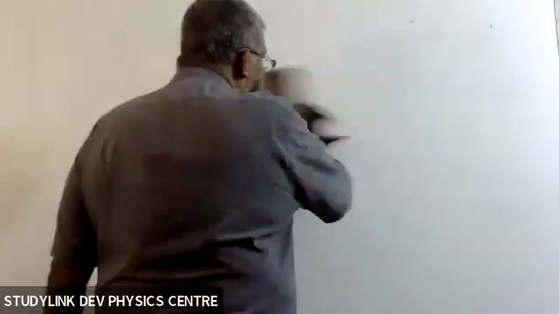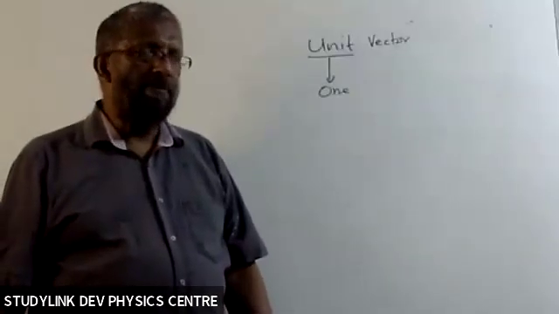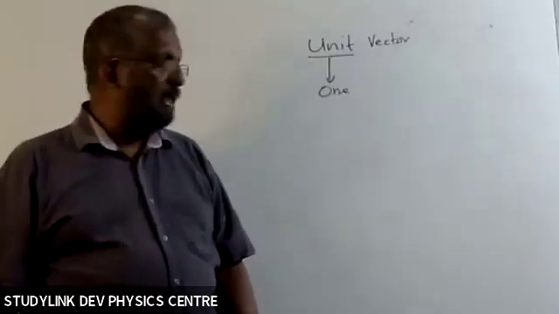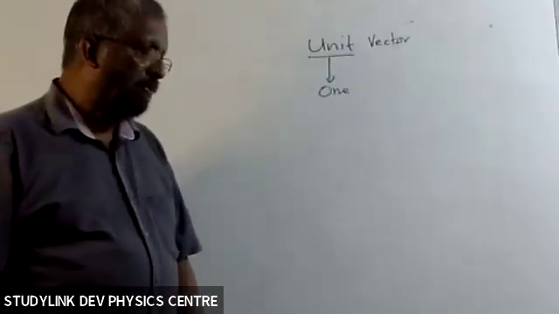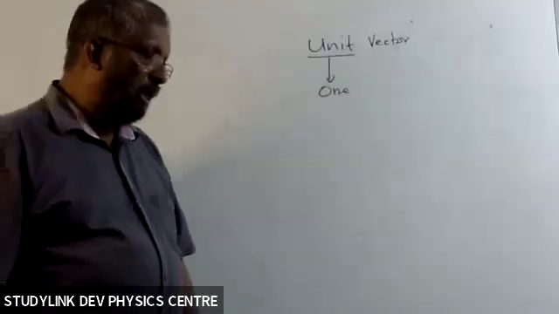When the magnitude, meaning the value, of a vector is 1, then it is called a unit vector.